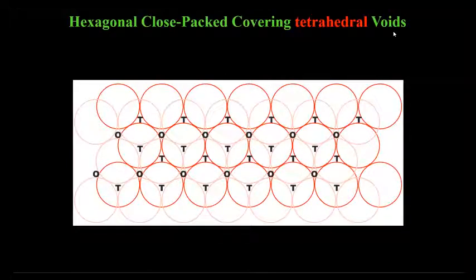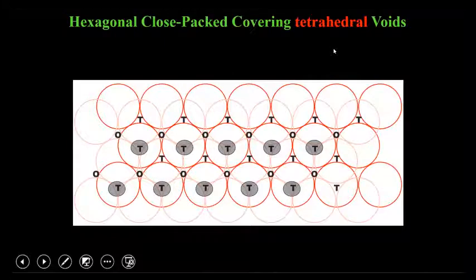More important for you is to understand that tetrahedral voids will have four faces, octahedral voids will have eight faces. And that too is not very important. The important thing is what I'm going to tell you. So that's why these tetrahedral voids are formed.